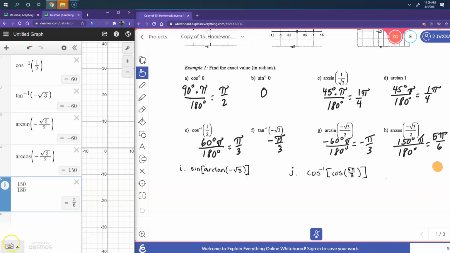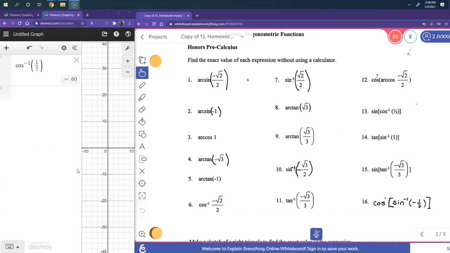You don't have to do I and J. Just like your examples, what you're going to do is find the degrees or the radians based on the ratio. So right here we have the ratio.